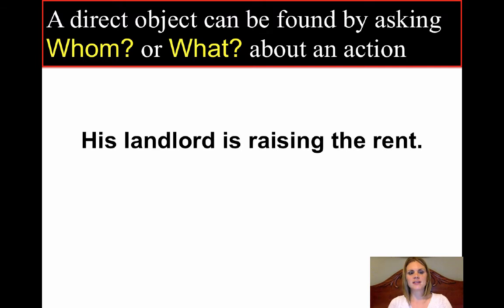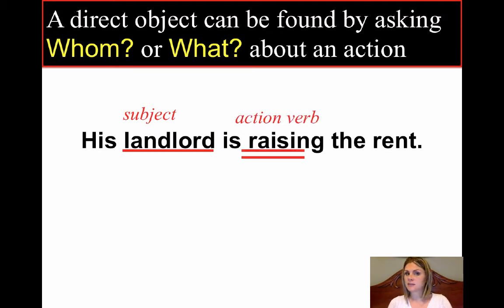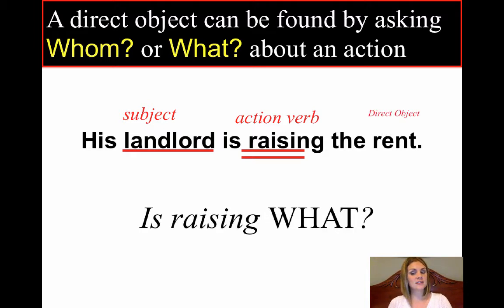Okay, another sentence. His landlord is raising the rent. Landlord is the subject. Is raising is the verb phrase, but raising is the action verb. Subject is raising what? The rent. So the rent is the direct object.